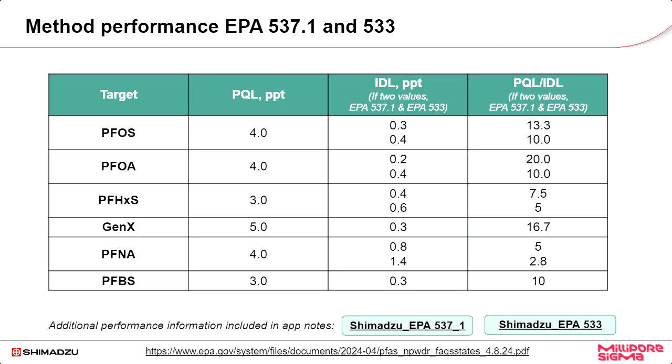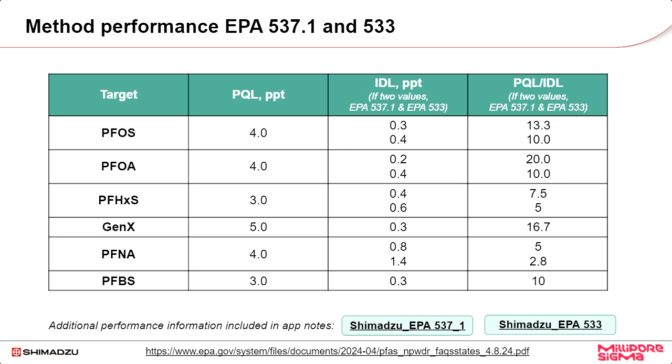Now, let's go back to the beginning of the webinar, when I was talking about the practical quantitation limit, PQL, and the instrument detection limit, IDL. If you remember, I said that the PQL in the PFAS regulation is set by EPA, and those are the numbers that are included in the table in the first column.